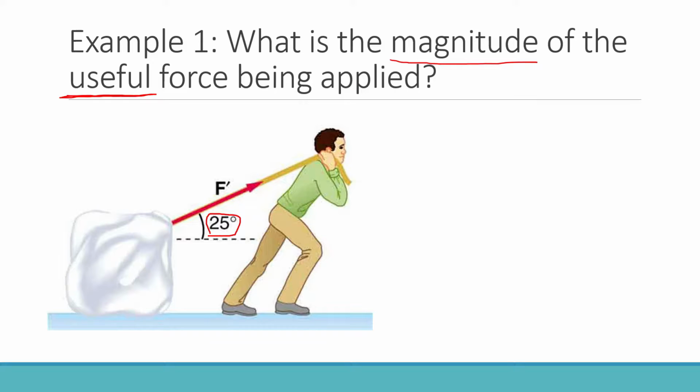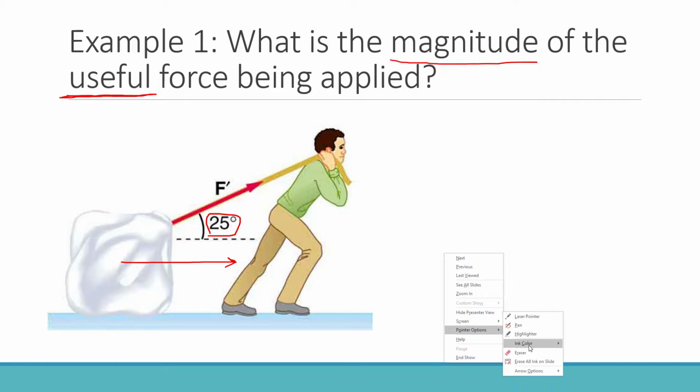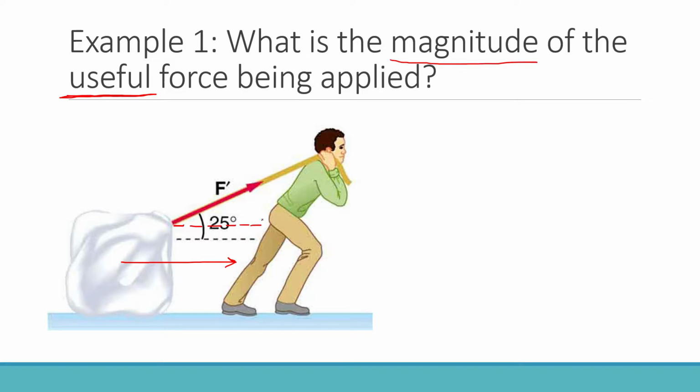All right, so to resolve this, he's pushing or pulling this block of ice in this direction. Notice again, we can always turn this force into an x component and then a y component, like that, right?